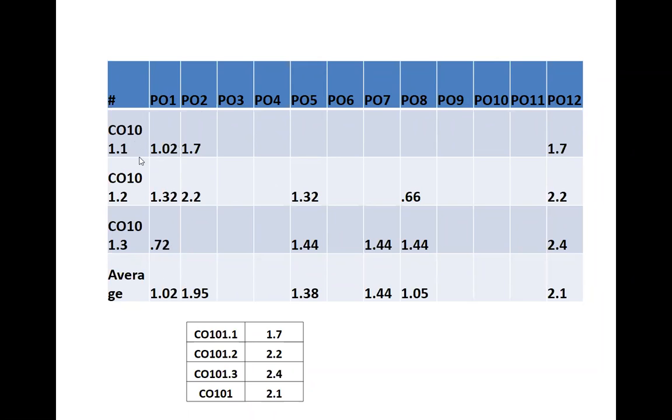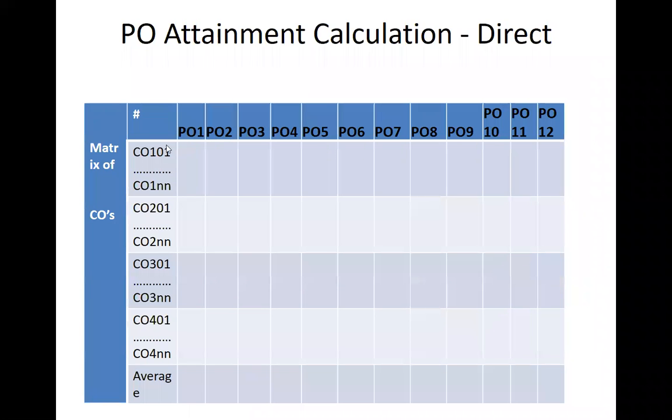So this is just showing for the first year. You have to map all the courses from the first year to the final year to all the program outcomes. Take the average, and that will give you the attainment of the program outcome value. So what we calculated for the course outcomes, you have to map to the program outcomes over here.